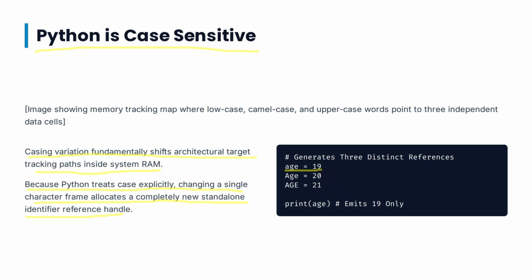Here capital A and small ge, Age, is written and 20 is assigned to it. Here capital AGE is written and 21 is assigned to it. These three are separate variables with different memory allocation, because Python is case sensitive. Even if one letter is in a different case, it makes a different variable. So when we print small age, it gives 19 only.